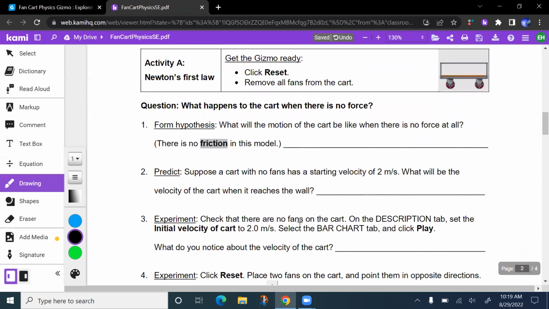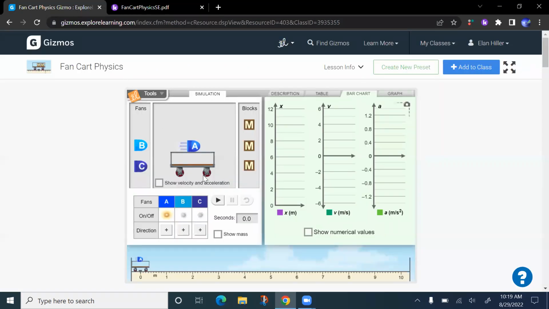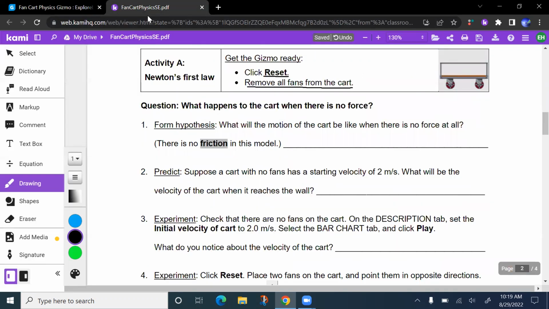Activity A, Newton's first law. We're going to click reset and we're going to remove all fans from the cart. Number one, form hypothesis. What will the motion of the cart be when there is no force acting on it at all?